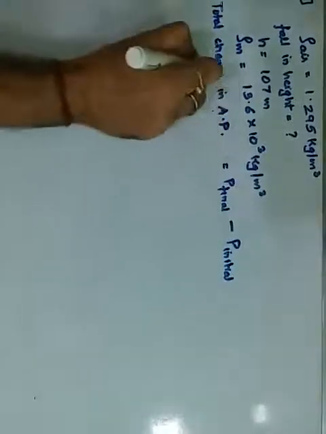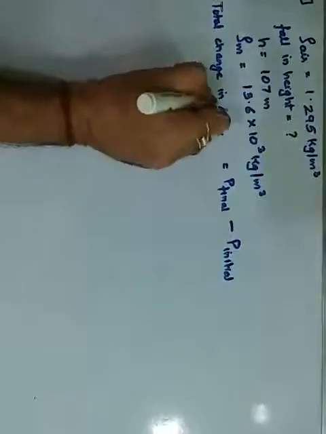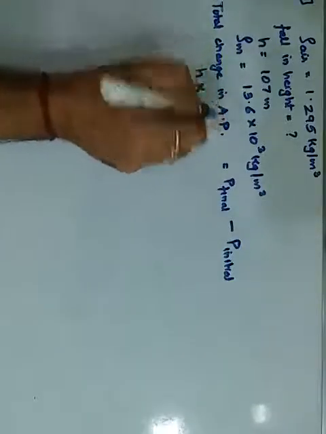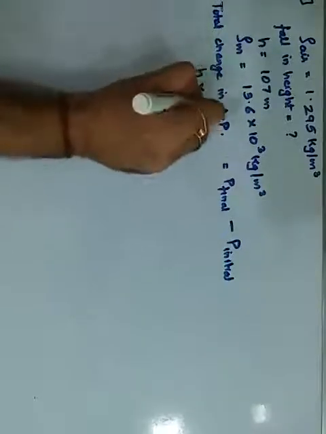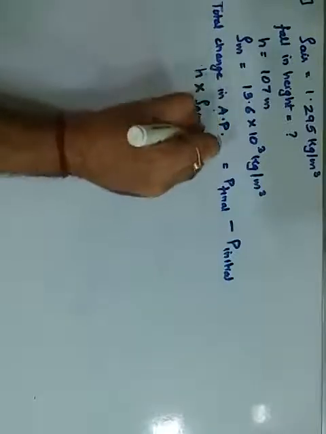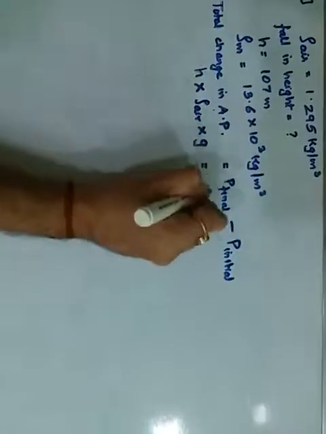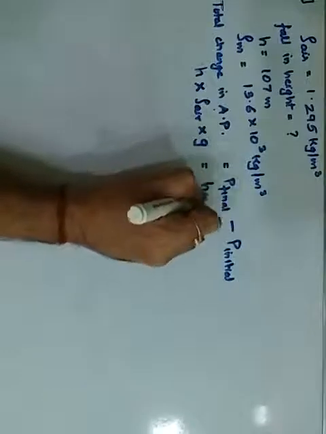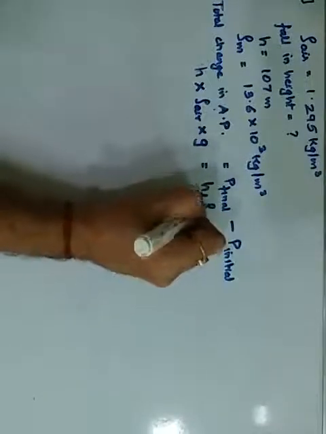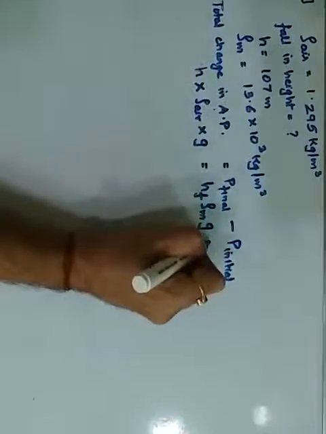So when I am writing this, the height is given to you, then rho is for air, and G will remain constant. Here also let me consider this as H for final height, rho is for mercury and G will remain as it is.